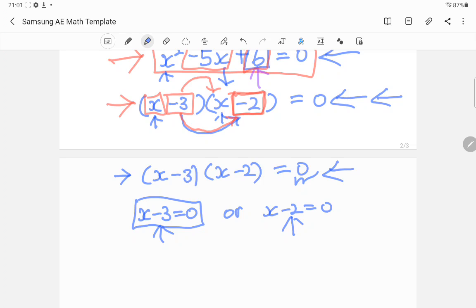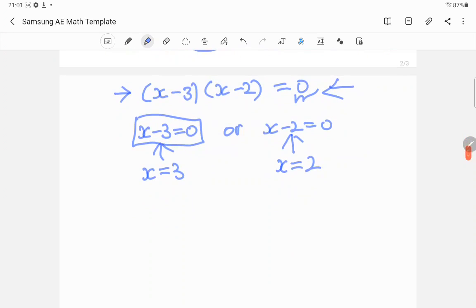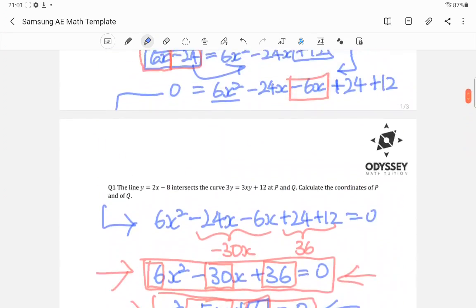Now let's solve this equation over here. We get that x minus 3 equals 0 means that x equals 3. Over here x minus 2 equals 0 means x equals 2. So we actually have our answers for the 2 x values. Now let's look back at the question.